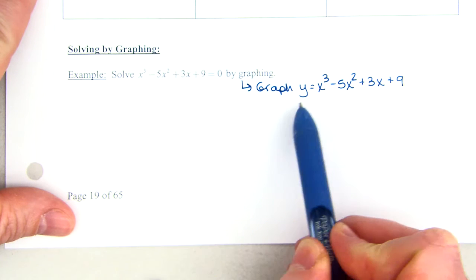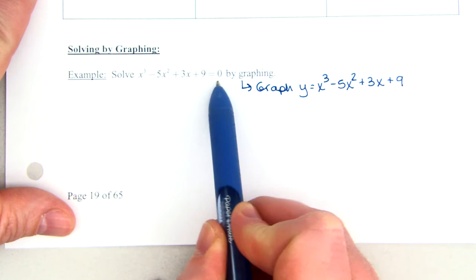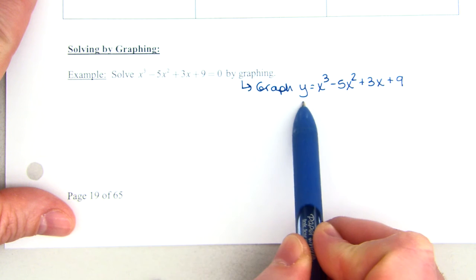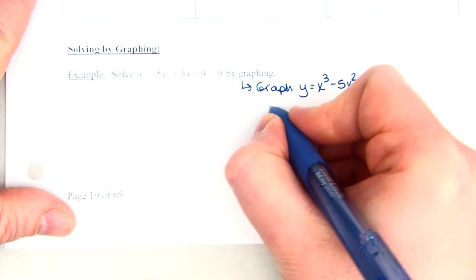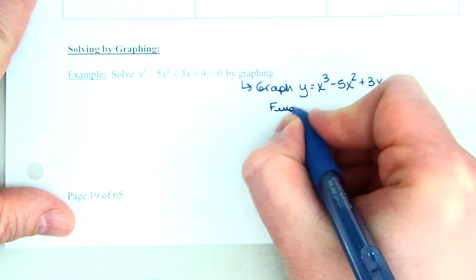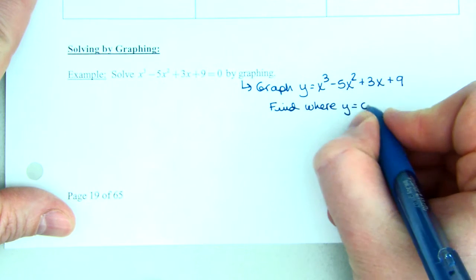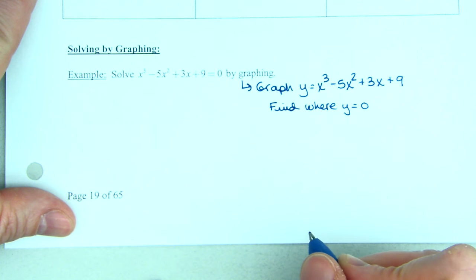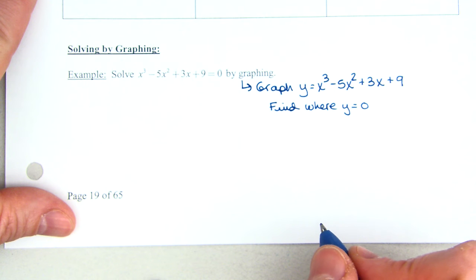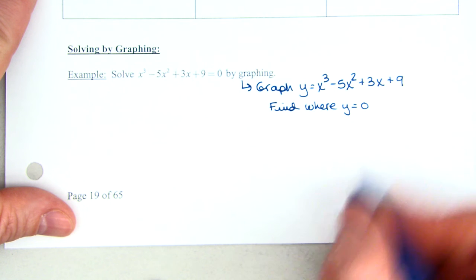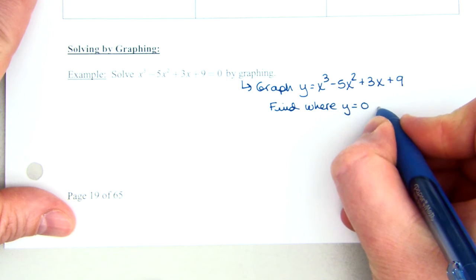What's the difference between this equation and this function? Well, my equation has a 0 in the place of y. I need to find where y equals 0, which is really just a fancy way of saying I need to find the x-intercepts. And that's what we're going to do.